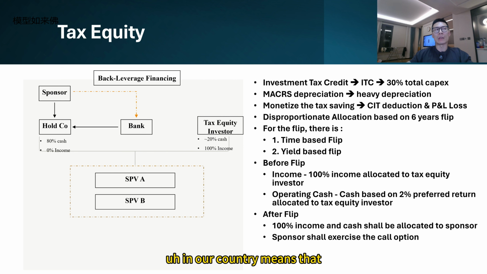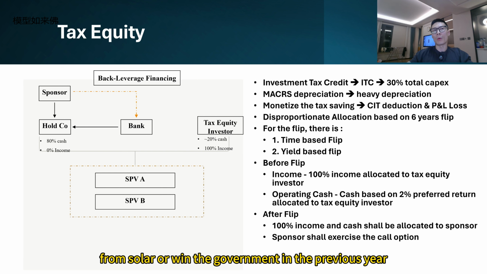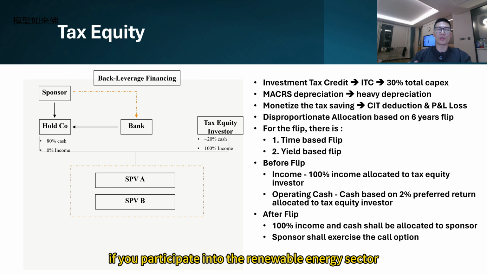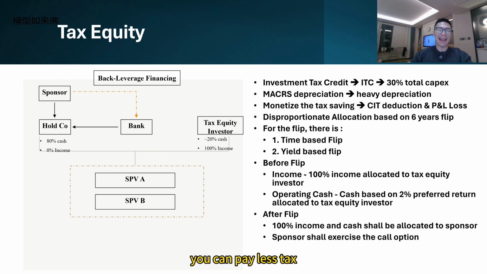Basically, when you generate 1 kilowatt hour of electricity from solar or wind, the government in previous years would pay you a fee or rate on that. But for the U.S. government, if you participate in the renewable energy sector, you can pay less tax. So that's the way they do it.